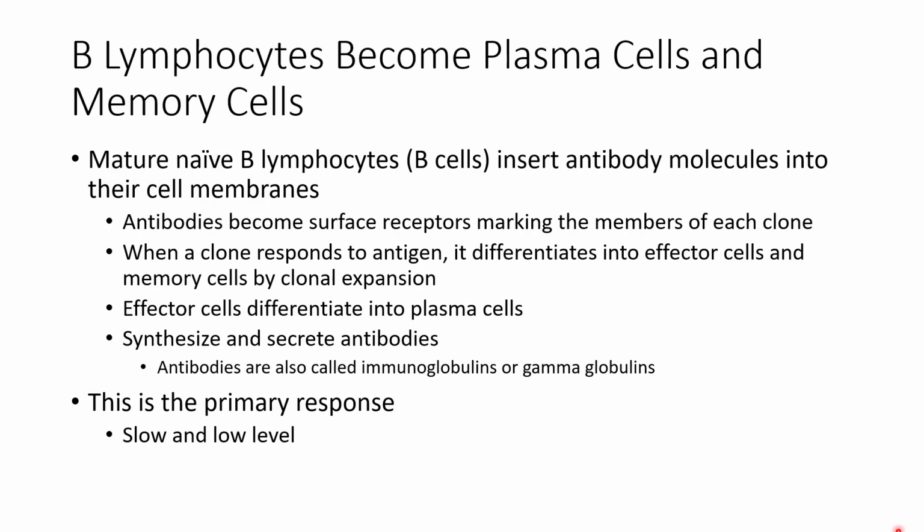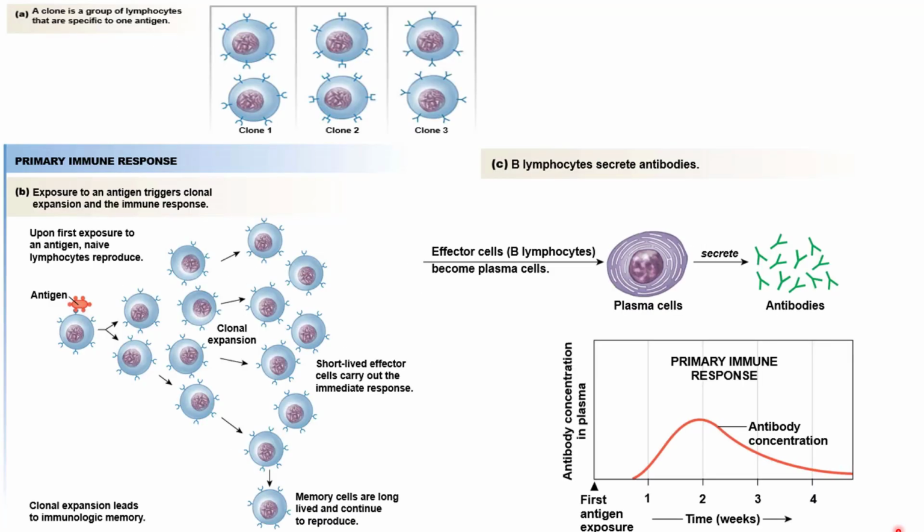Okay, so effector cells turn into plasma cells, and the purpose of a plasma cell is to do nothing but secrete antibodies. This takes a little bit of time, so let's look again. So here are a group of clones. They all have different antibodies. So clone 1 has this U-shaped one.